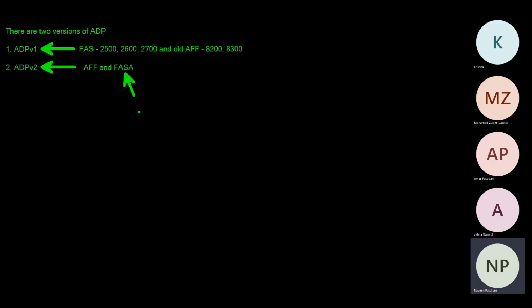There is a little difference between AFF and FAS A series; the working mechanism we are going to discuss in future classes. So ADP version 2 by default will be applicable to AFF and FAS A series. Now we'll talk about the difference between ADP version 1 and ADP version 2.